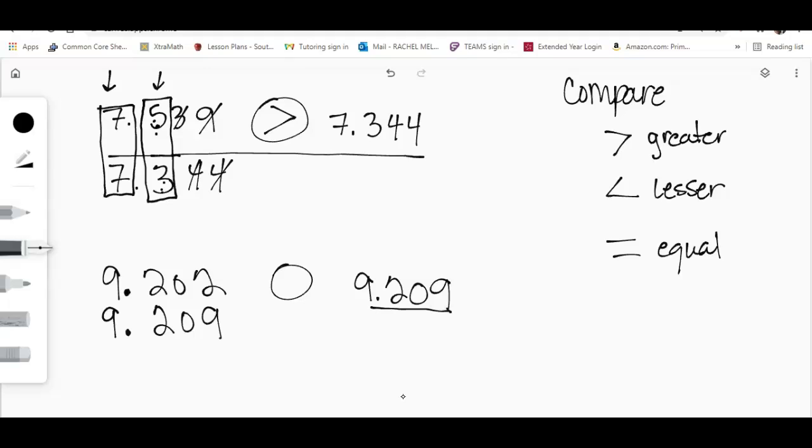So the ones are the same, the tenths are the same, and the hundredths are the same. So on this one, I have to look at my thousandths. Since the 9 is bigger than the 2, that means that this number is bigger. And again, I would read that as 9 and 202 thousandths is less than 9 and 209 thousandths.